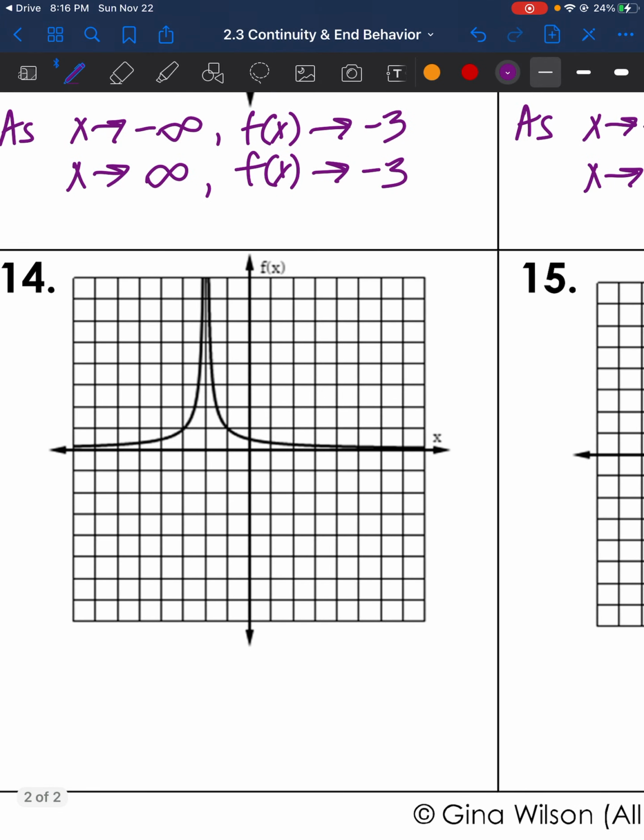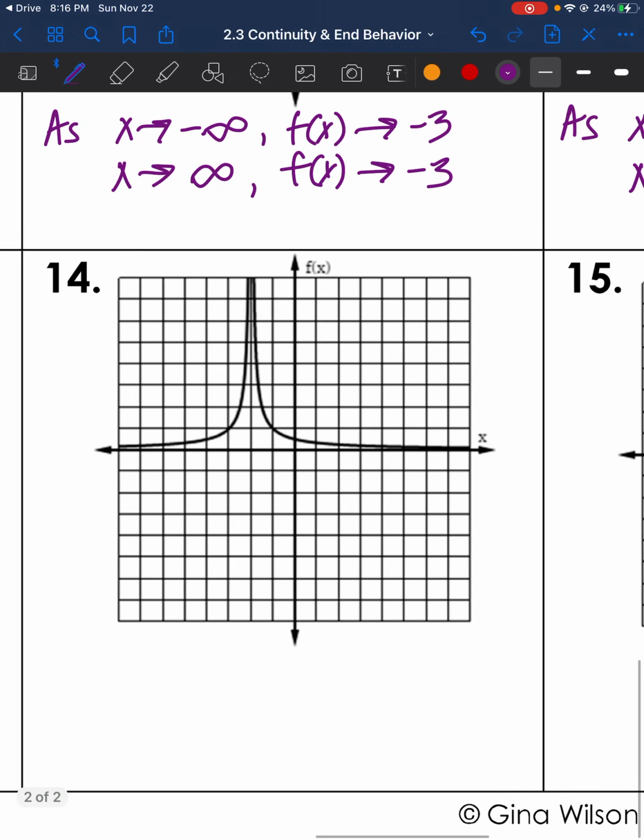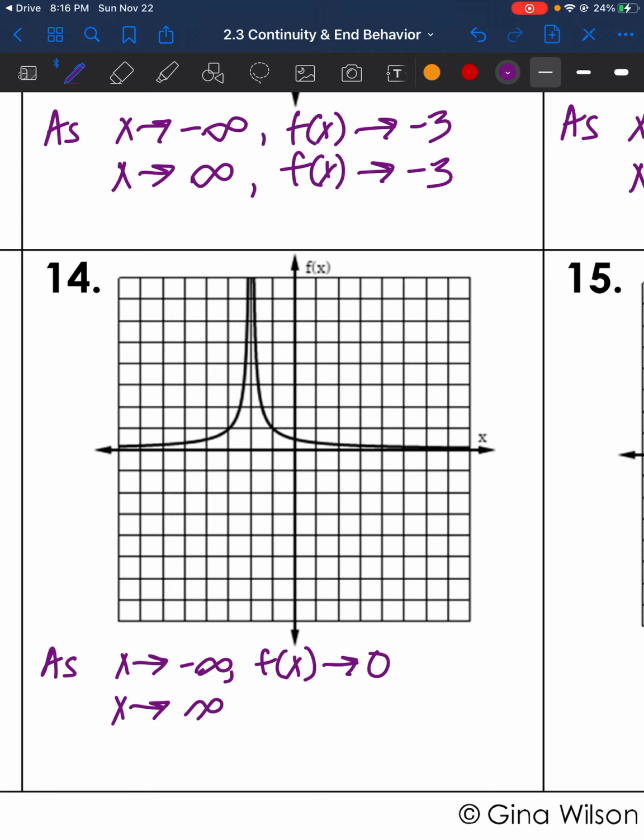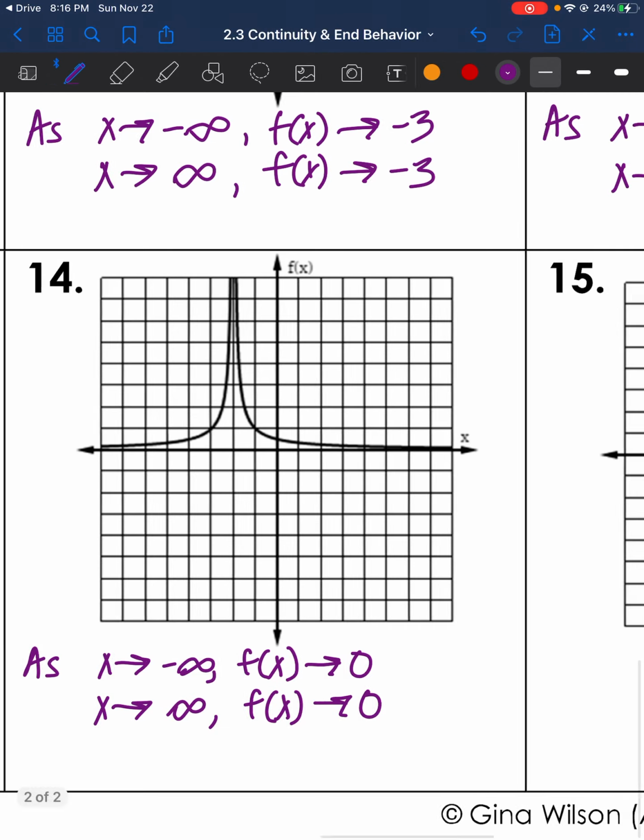For 14, you can clearly see there's an asymptote at the x-axis at y equals 0, and in both directions we're just getting closer and closer to that. So as x approaches -infinity, f of x is approaching 0, and as x approaches positive infinity, we're doing the same thing. We're just getting closer to 0 there.